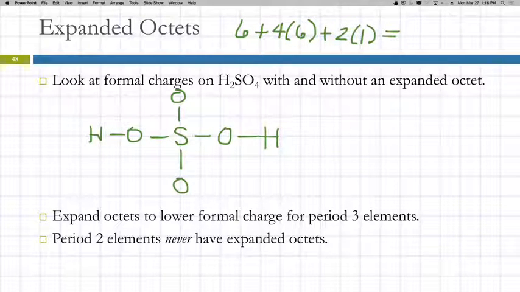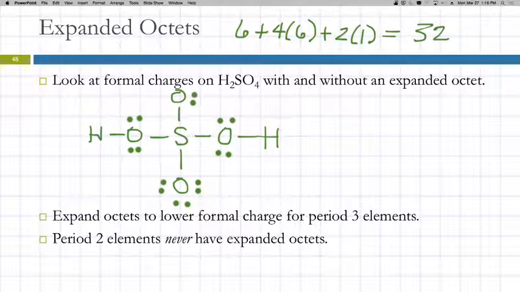We've got 32? Did we do that right? 2, 4, 6, 8, 10, 12, 14, 16, 18, 20, 22, 24, 26, 28, 30, 32. Yay! Octets! Beautiful, right? That's not the right structure.